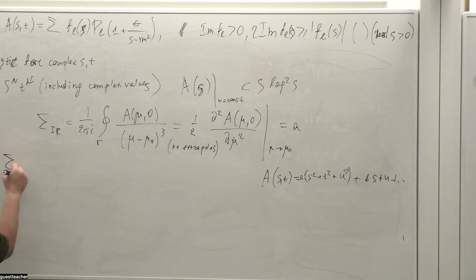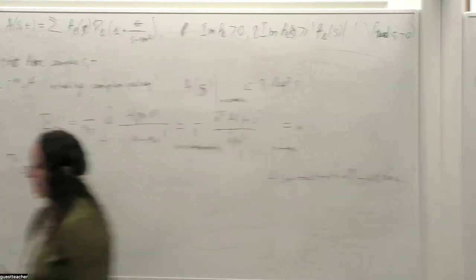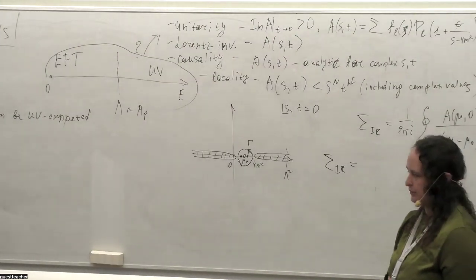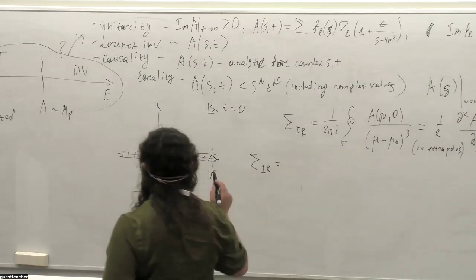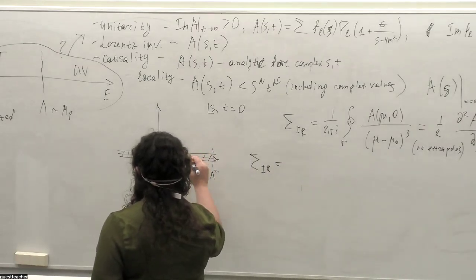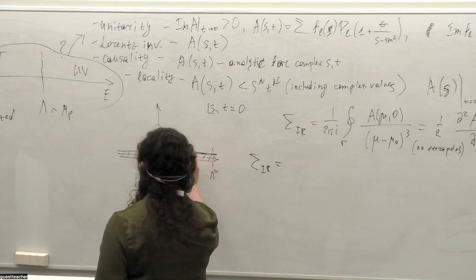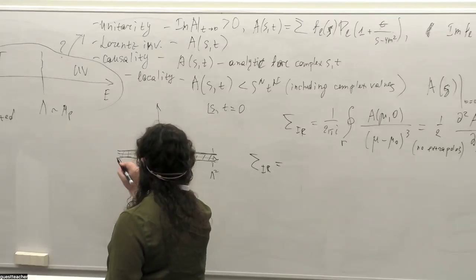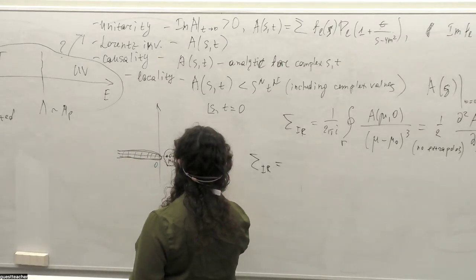Let me find another way to compute sigma IR. Another way is related to the use of analyticity and translating it to some properties of the ultraviolet theory. I can deform this contour and make it go along both branch cuts. So it will go here.